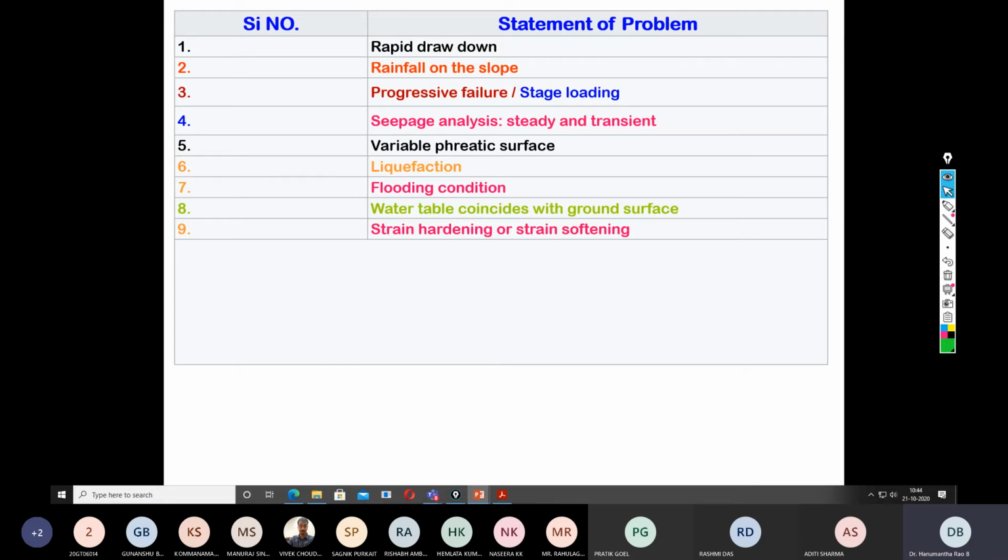So this is what you read. The end of construction is the worst condition for any construction. Therefore, you need to determine the factor of safety corresponding to end of construction, which is nothing but the short term. Because the end of construction is a dynamic condition, while the long term is a static condition.